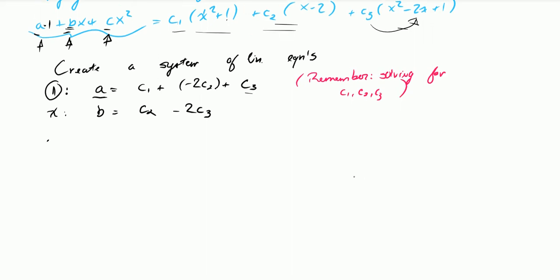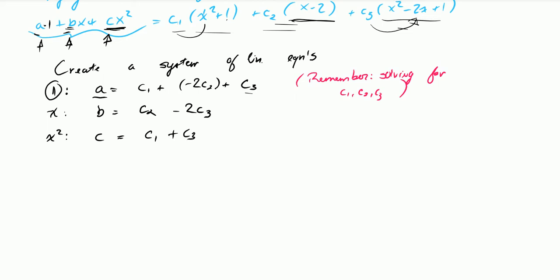And then for the x squared, we'll get c, because on the left-hand side, c is the only coefficient that's linked to an x squared. And then on the right-hand side, we'll have c1 multiplying x squared. So c is equal to c1 plus, then I don't have any x squared here, but I do have one here, so plus c3.